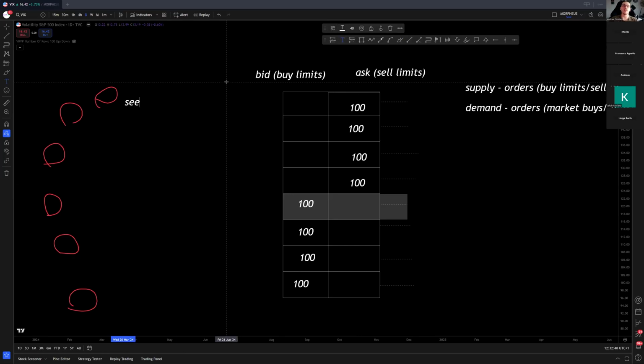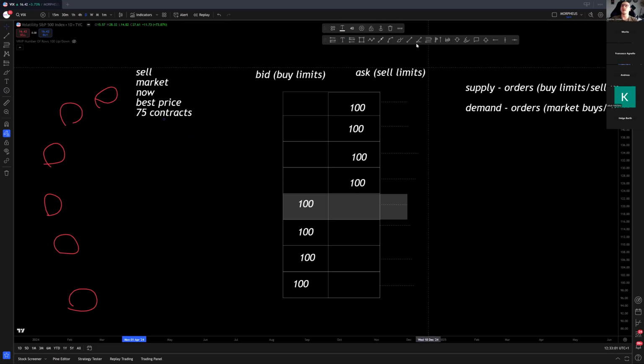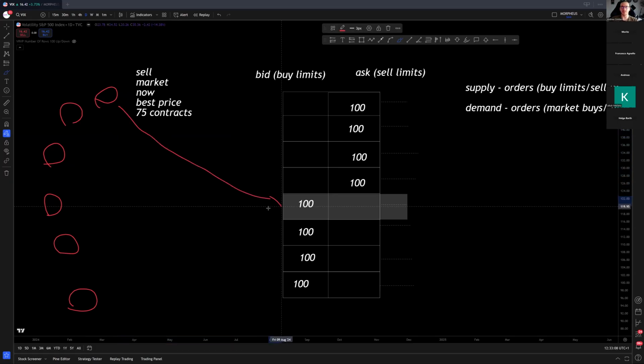So I need to sell market now at the best price, for example, 75 contracts. If he needs to sell it market now, who is he going to sell it to? These guys. That's the best price at which he can sell.